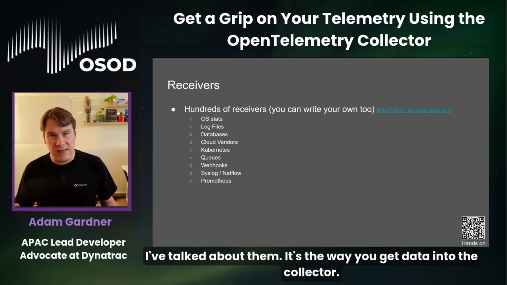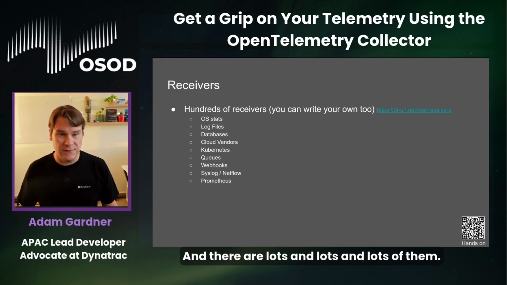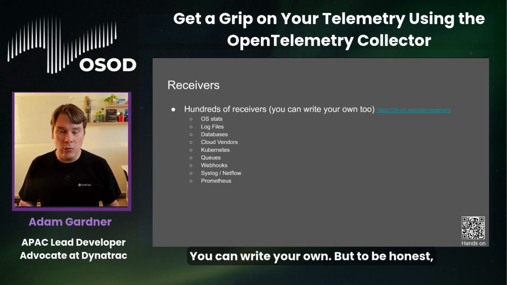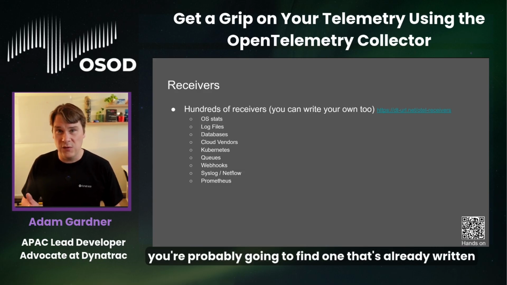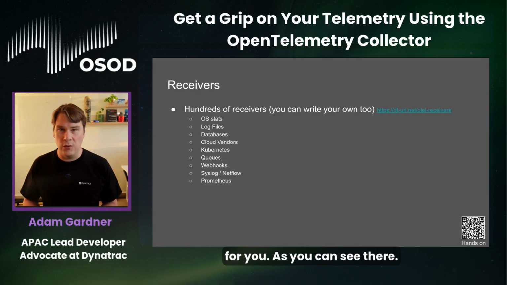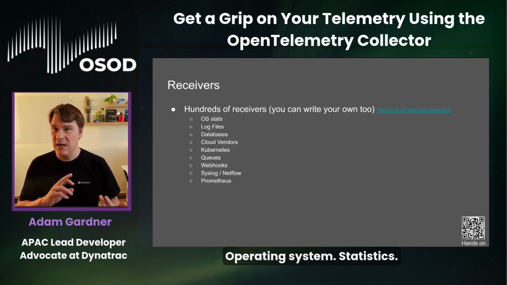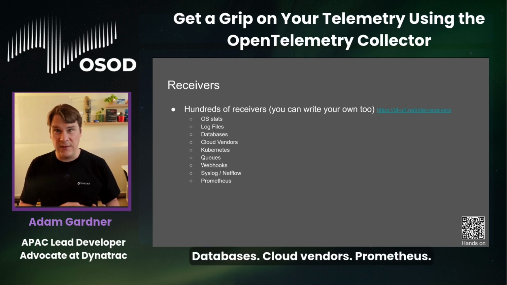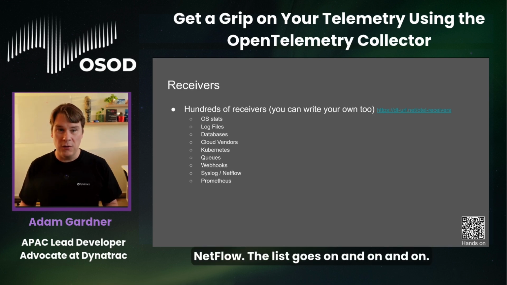So receivers, I've talked about them. It's the way you get data into the collector, and there are lots and lots of them. You can write your own, but to be honest, you're probably going to find one that's already written for you. As you can see there: operating system, statistics, monitoring log files, databases, cloud vendors, Prometheus, NetFlow, the list goes on and on.